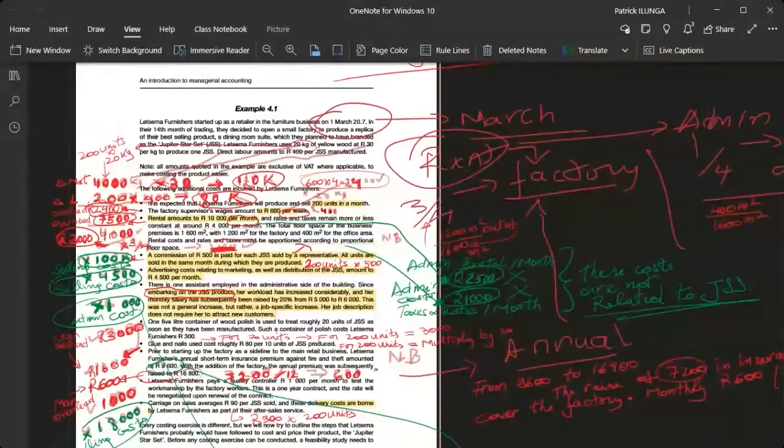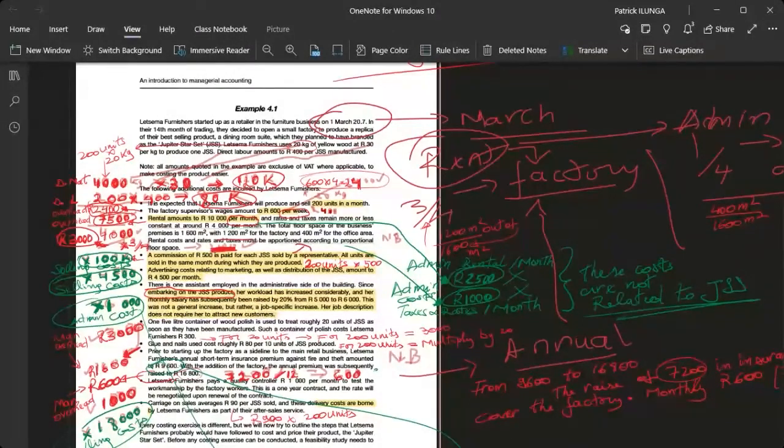So if you heard me properly, you can do these calculations so quickly. Look at the business premises, the total space. They're going to give you the factory area and the office area. So then you can do a quick calculation. What is the percentage that goes to the factory and what is the percentage that goes to the office area?